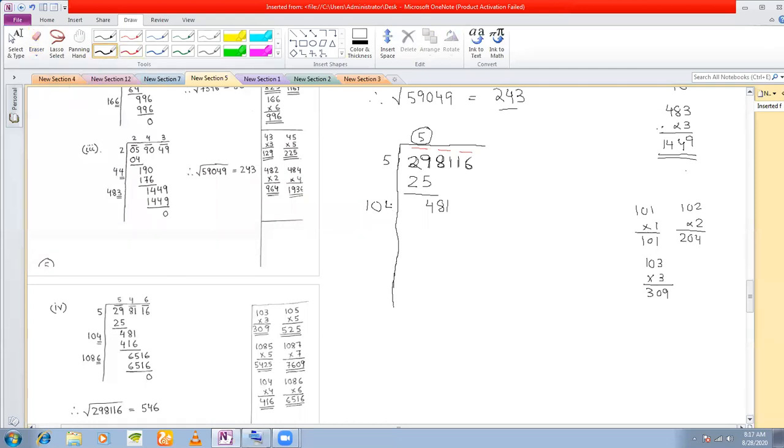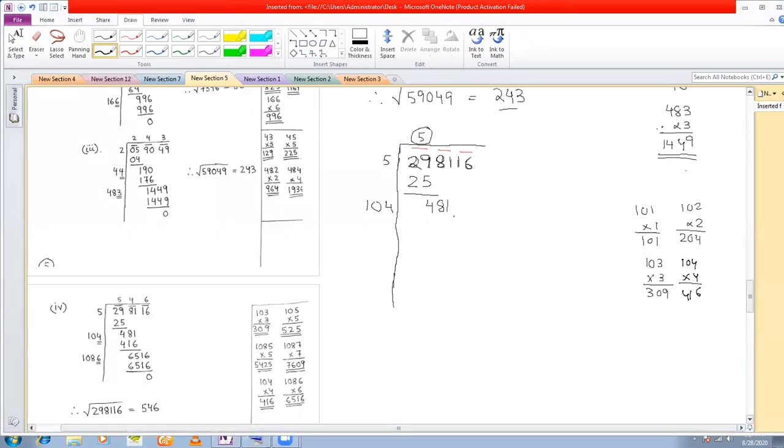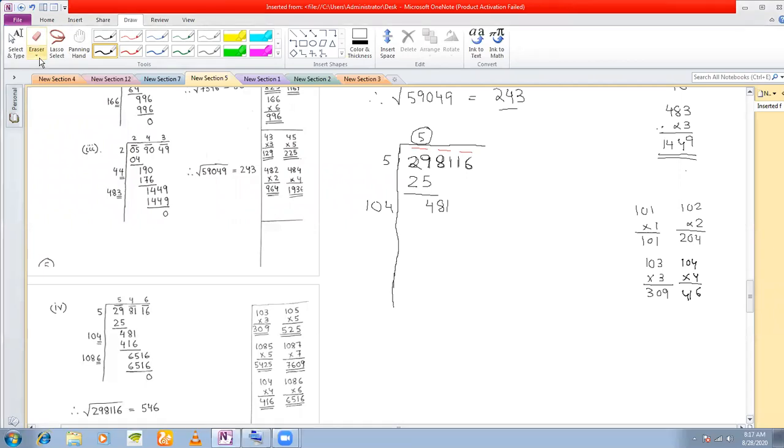104 into 4. So 4 into 4, 16. 416. So 416 is just less than 481. We'll try 105 also, and see what happens.